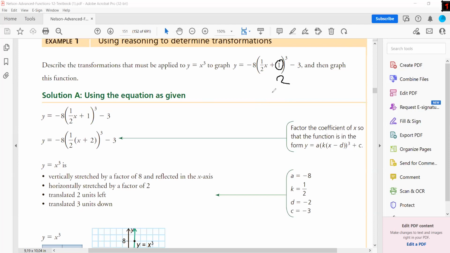Because 1 divided by 1 over 2 will give us 1 times 2 equals 2. So after factoring out this coefficient, we can see that our function took the general form.